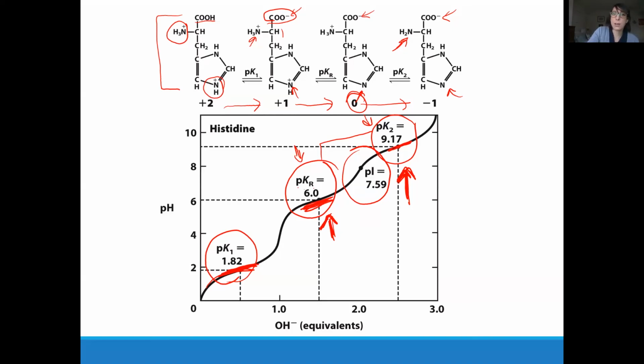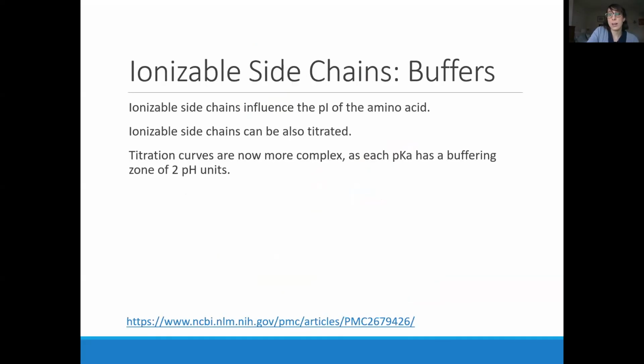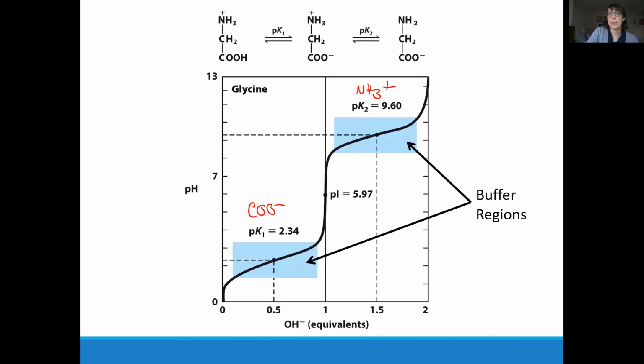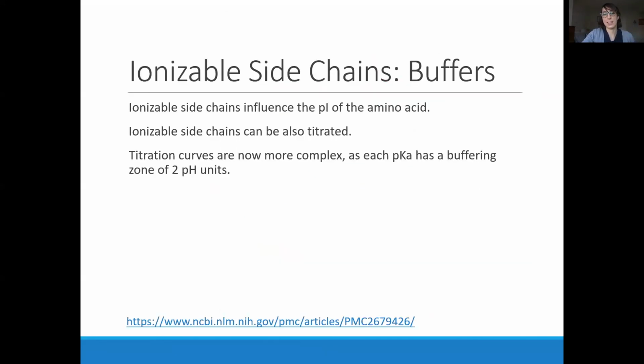Remember, again, for all other molecules that are not ionizable, it's very simple because the pi only exists between two pKa's, the carboxylic acid and the amino group. And so it's just the average of those two pKa's.